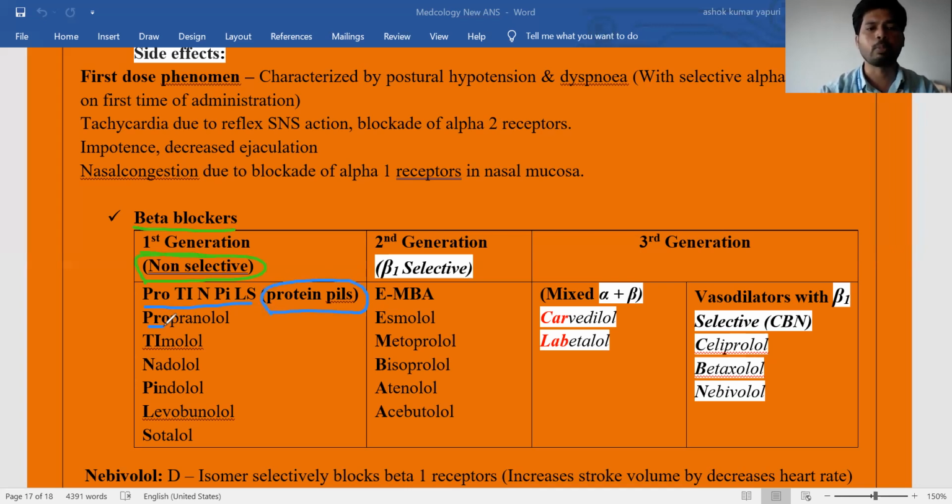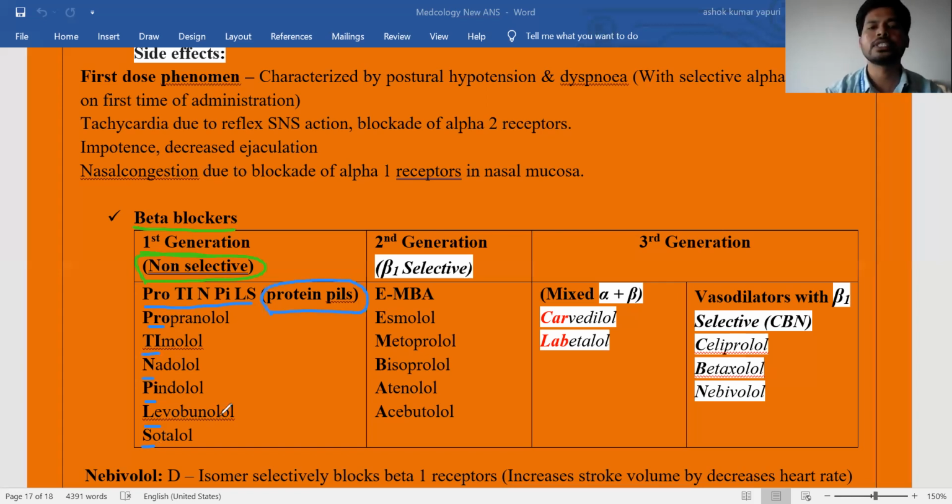PRO means propranolol, TI means timolol, N means nadolol, PI means pindolol, L means levobunolol, and S means sotalol. All these drugs you can remember by the mnemonic protein pills. They come under first generation non-selective beta blockers.